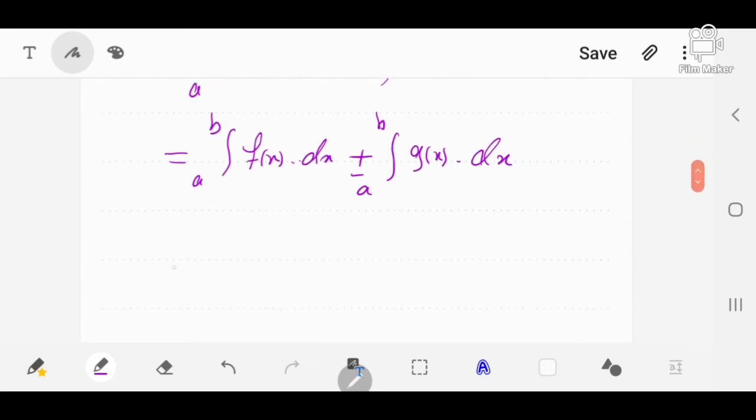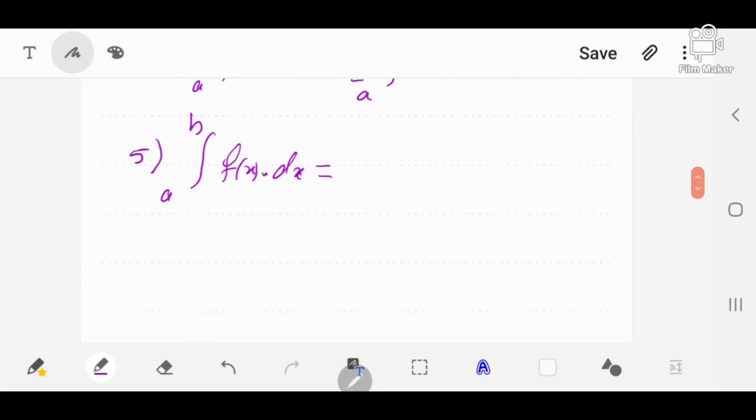Since it talks about area, if I have an integration from a to b of f of x dx, it can be separated. How is that possible? Let me show you this.